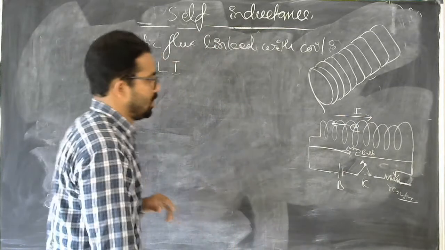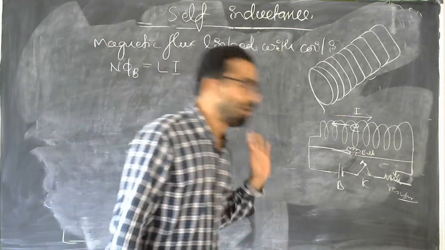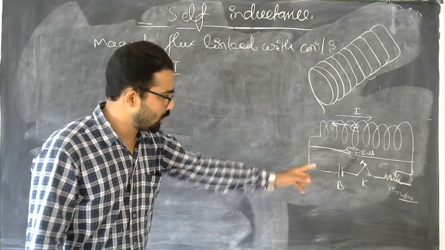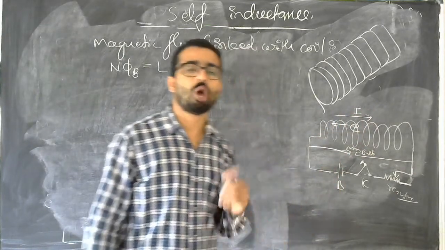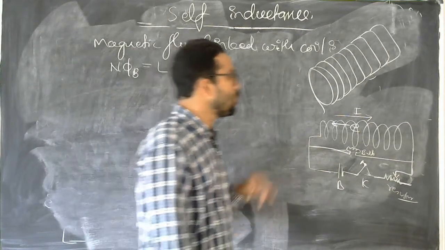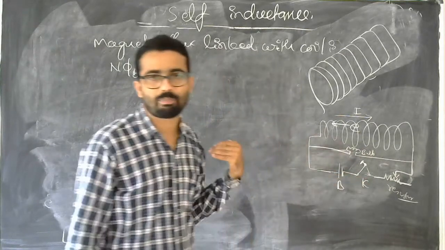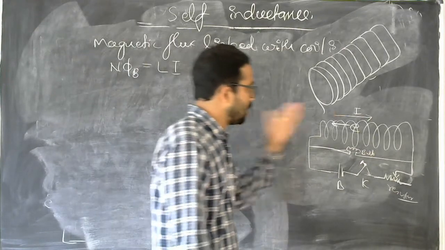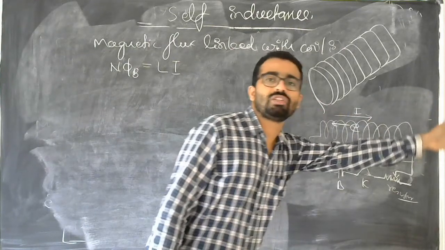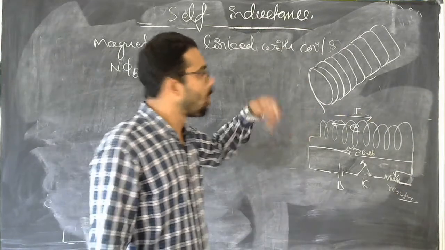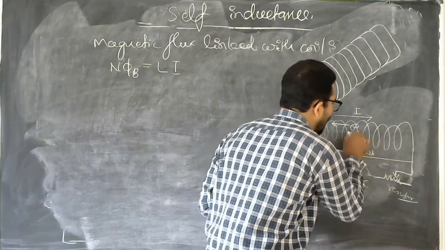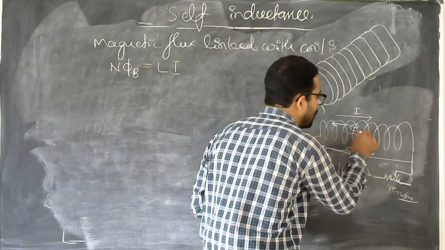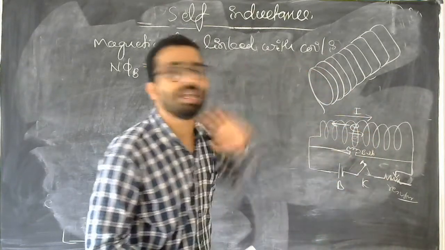Now I think we got this point. Whenever you press the key, current will flow, and the EMF induced will oppose the increasing current. For example, if you release the key, the current will decrease in this direction. So as to oppose this decrease in current, the EMF will be along the direction of the current itself.